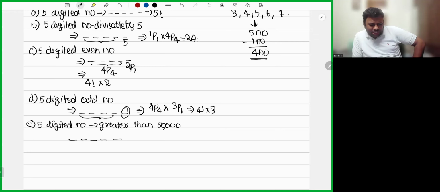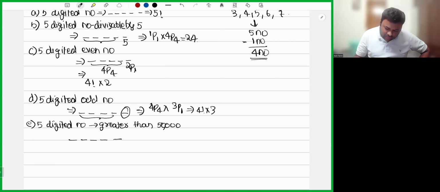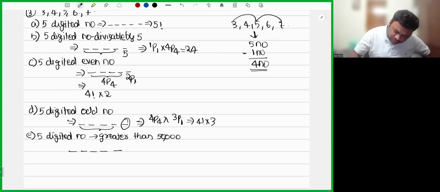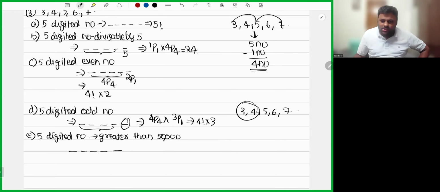When I am telling 5-digit number greater than 50,000, my dear friends, think and tell: 3, 4, 5, 6, 7. I am telling it should be greater than 50,000. Can you keep 3 and 4 in the first place? Obviously, no. To keep 3 and 4 in the first place, obviously it will be less than 50,000. Can I keep 5, 6, 7 in the first place?